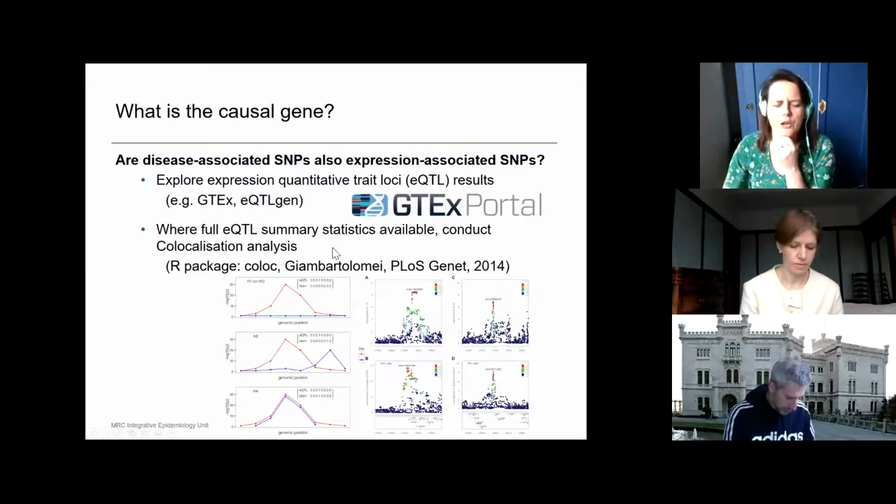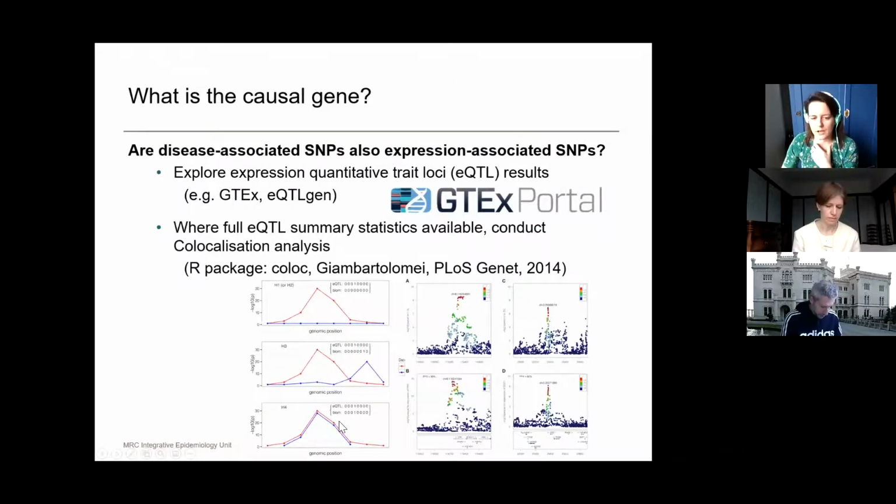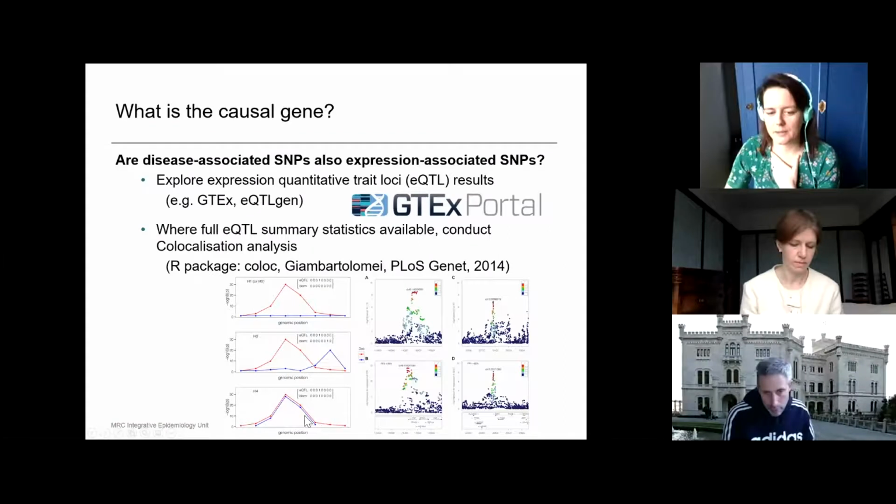The original co-localization paper is really good at explaining this, and they show with some schematic diagrams that they're looking for a scenario where both the expression peak and the disease-associated peak are exactly the same because they're driven by this underlying single causal variant.